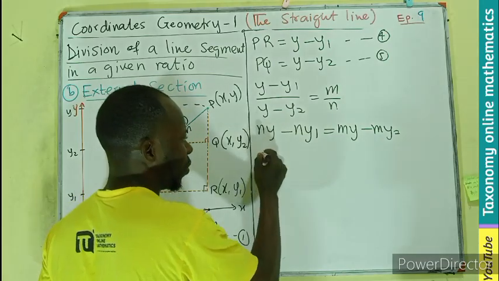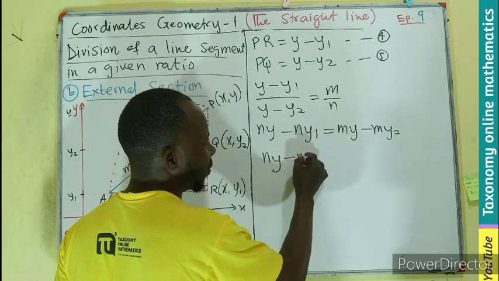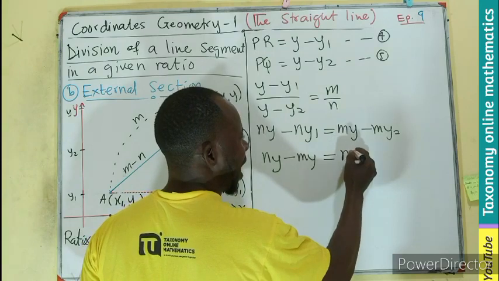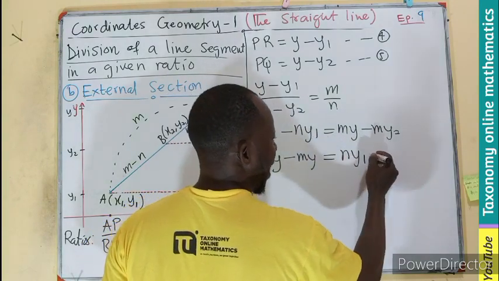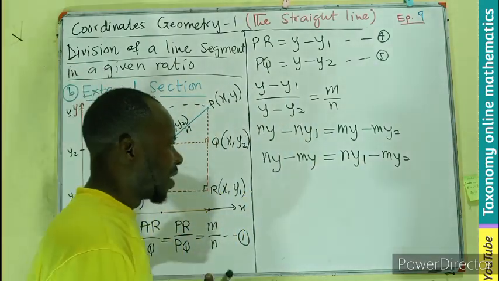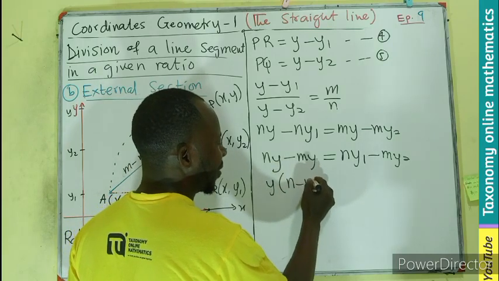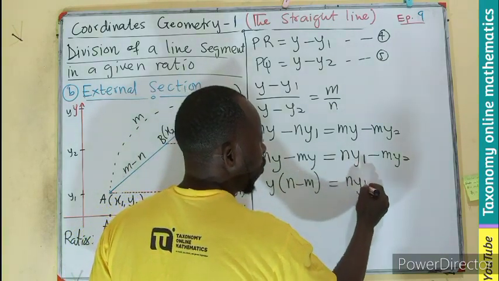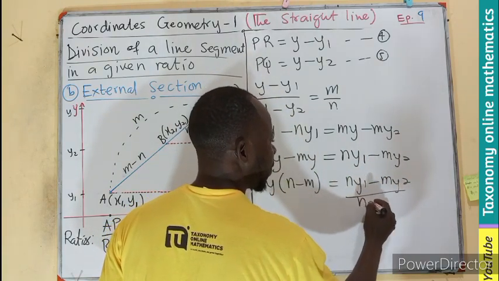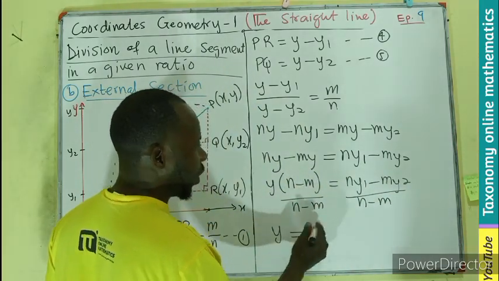So ny minus my equals this going in first to become positive ny1, then minus my2. Right? We can find our y as factorized, n minus m, ny1 minus my2 divided by the coefficient n minus m.